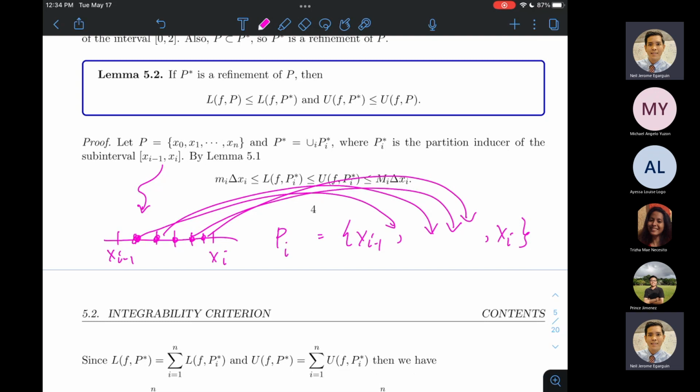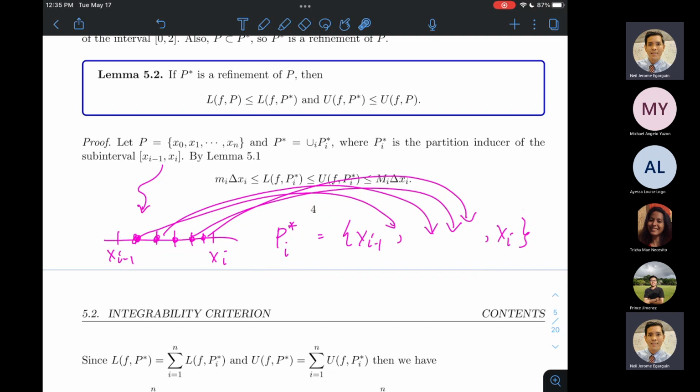Ito yung tatawagin yung P sub I star. Kasi si P sub I star, siya yung partition inducer noong sub-interval x sub I minus 1. And if I proceed in this manner, pag kinuha ko yung union ng mga P sub I star, si P star ay isang refinement ni partition inducer P. Kasi na-preserve ko lahat ng member ni P sa union ng mga P sub I star and I added some bonus partition points.